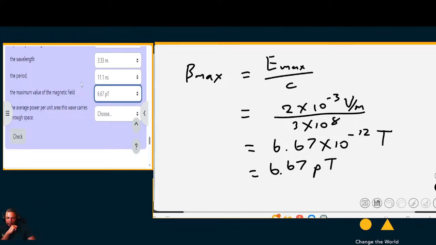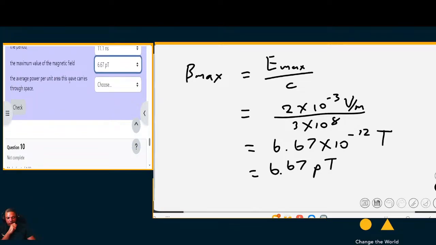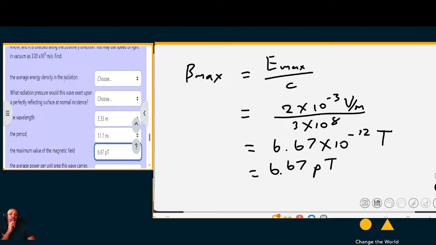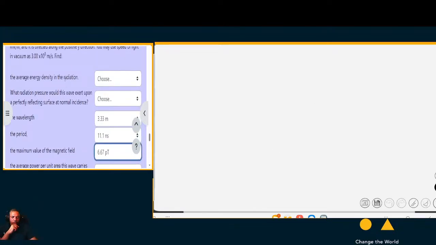Now let's calculate the average energy density in the radiation. How do we calculate the average energy density? There is a formula. The average energy density, u, is equal to half epsilon naught times E max squared, the peak value of the electric field. We could have actually calculated this first; I just calculated the simplest stuff first.